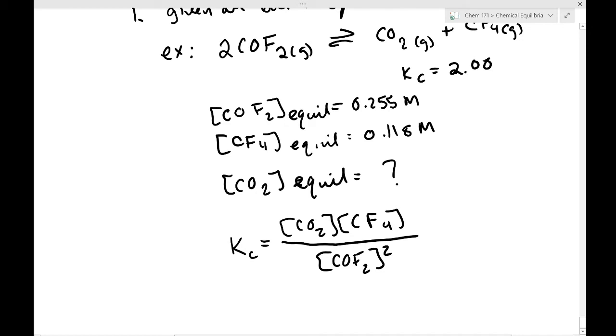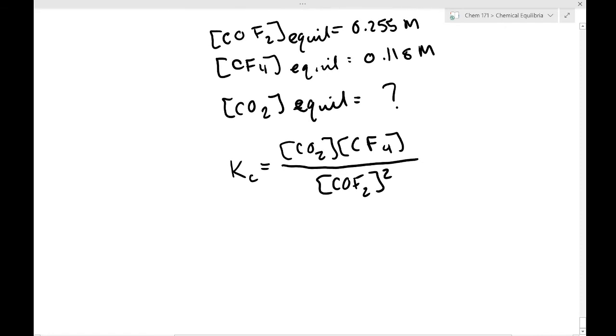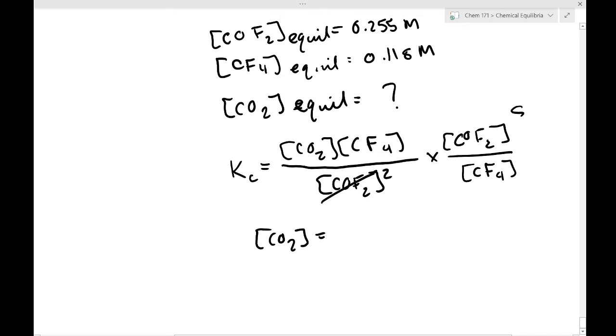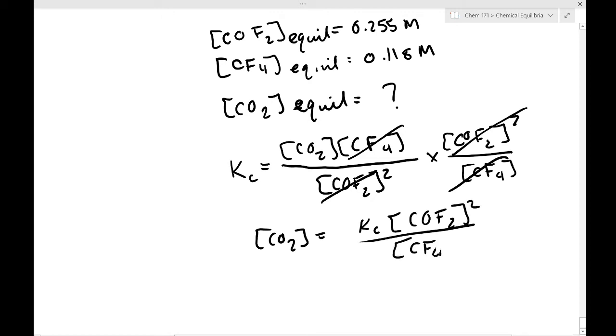All we have to do is actually just solve for the CO2, which is quite easy. So we have then CO2 is equal to, I'm just going to multiply both sides of the equation by COF2 over CF4 squared. Okay, this cancels out here and leaves us with CO2 on one side, and we have Kc times COF2 squared divided by CF4.